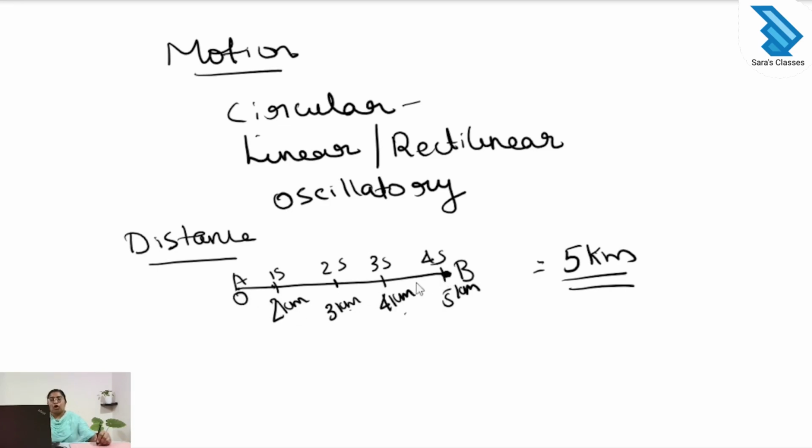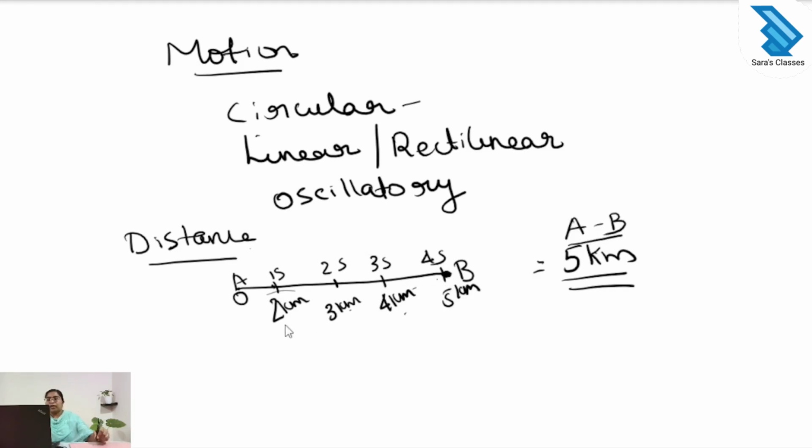That is the distance covered by the object. So we can say distance means the length covered. The total length covered by the object is known as the distance covered by the object. The object has covered 5 kilometers. This is the actual length, the total length covered by the object.